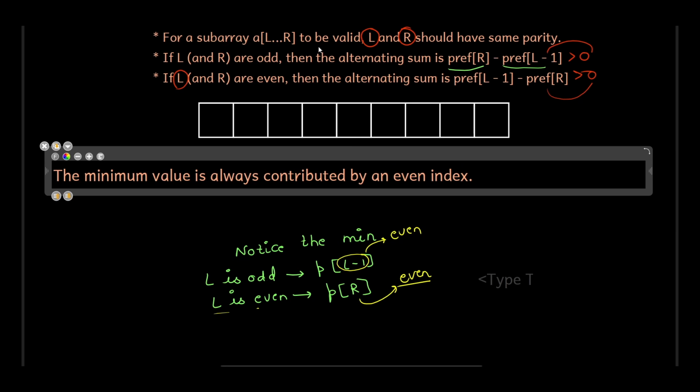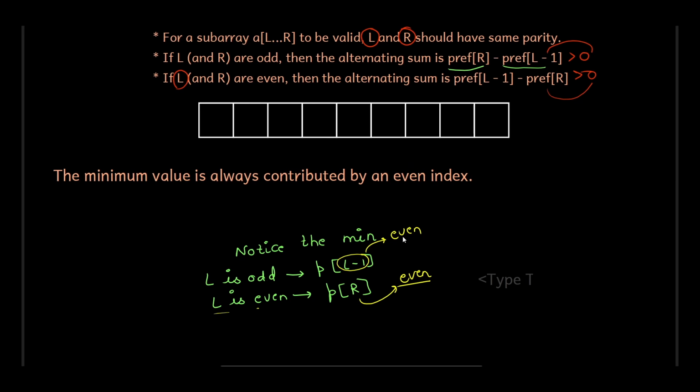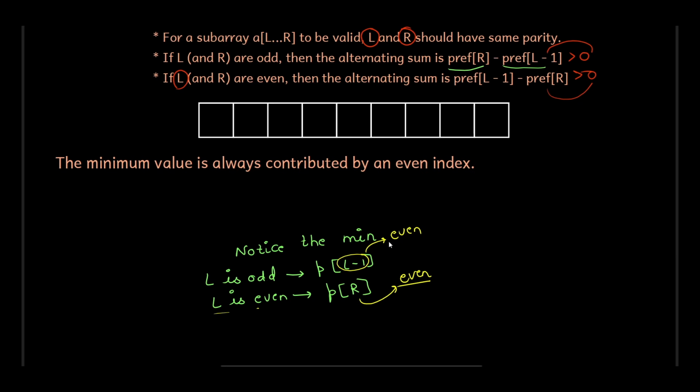No matter what L or R is, the minimum valued contribution should always come from an even index. It's not at all clear from here, but when you do this math like this, then it becomes clear that the minimum value, be it P of L minus 1 or P of R, always comes from an even index.